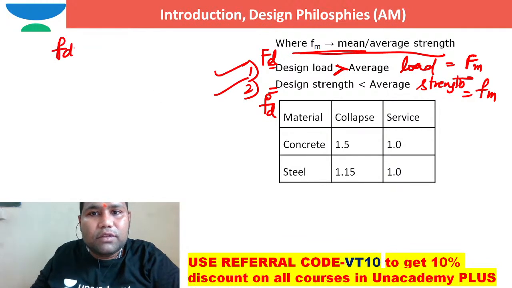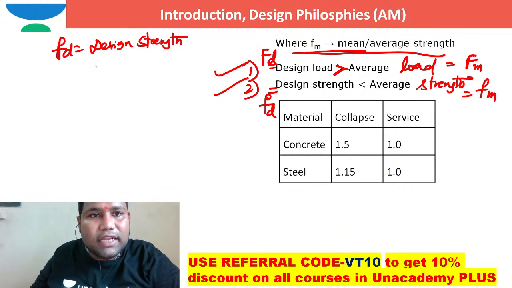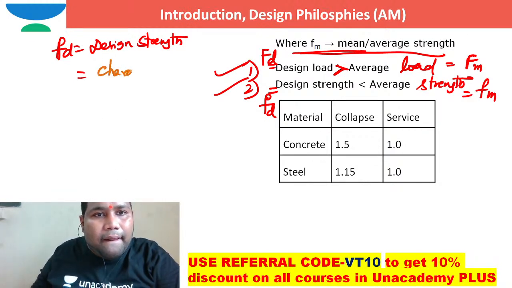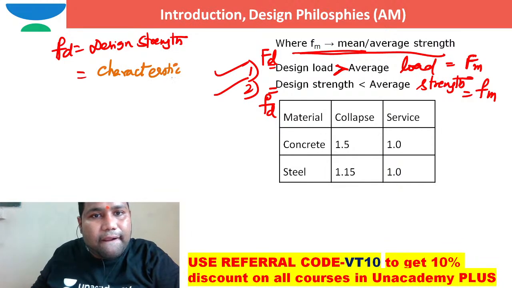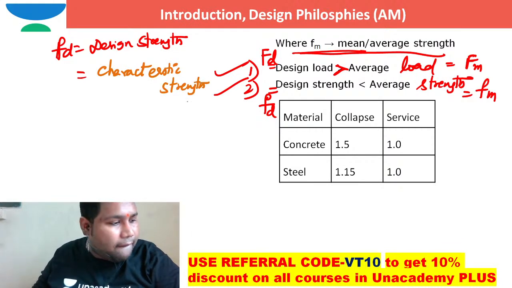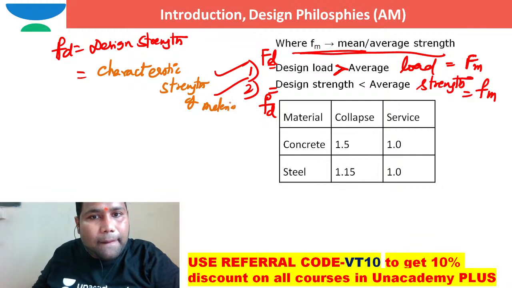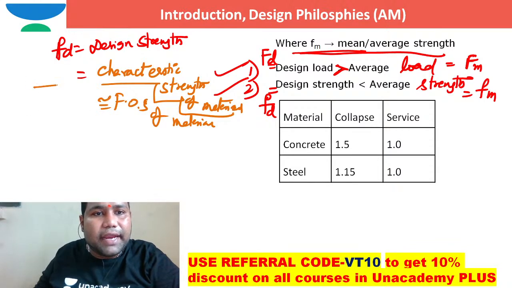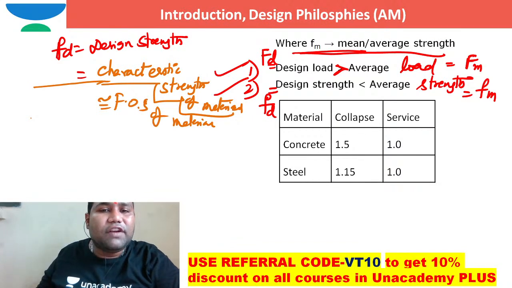It is equal to the characteristic strength of the material divided by the factor of safety. So what is the factor of safety of the material? In other words, a synonym, I can write the same as the partial safety factor of the material.